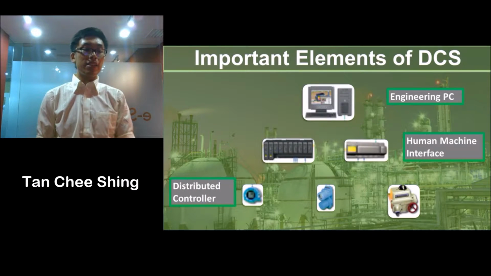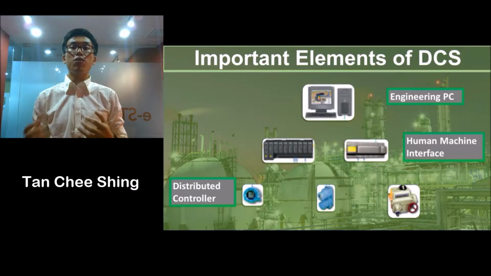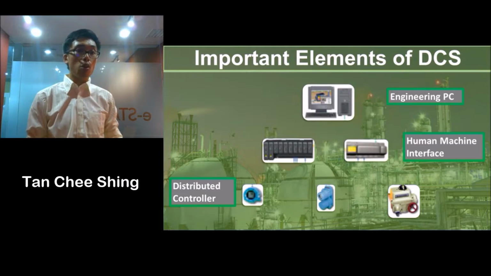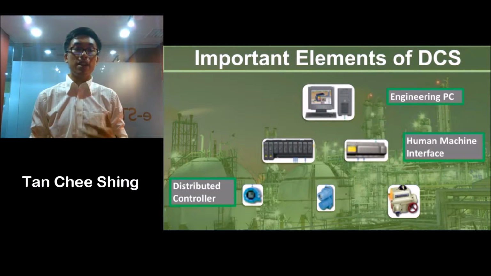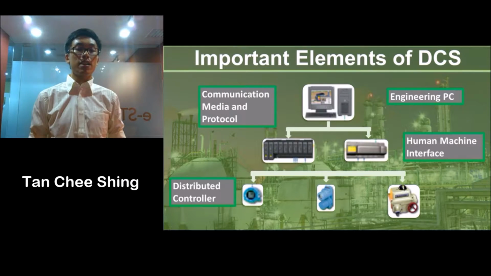Following that is the distributed controller, which receives signals from the engineering PC and the human-machine interface to control the flow and parameters that are happening in the process. And last but not least, these elements are of course interconnected with a communication media and protocol to provide communication among different levels of control.